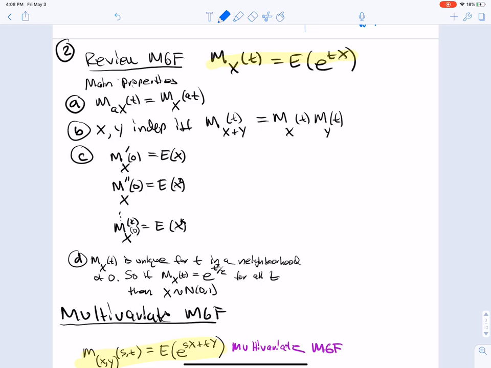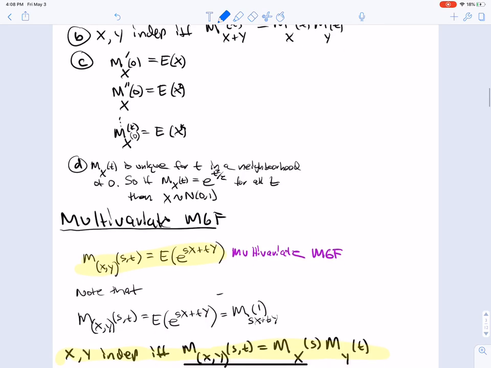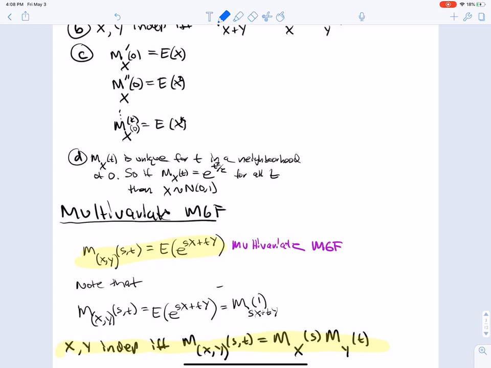X and Y are independent if and only if the moment generating function of X plus Y is the product of the moment generating functions. We can find the moments of X by taking higher derivatives of the moment generating function and sticking in 0. And also the moment generating function is unique.